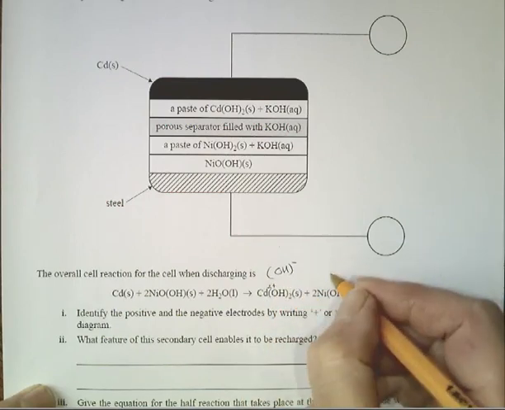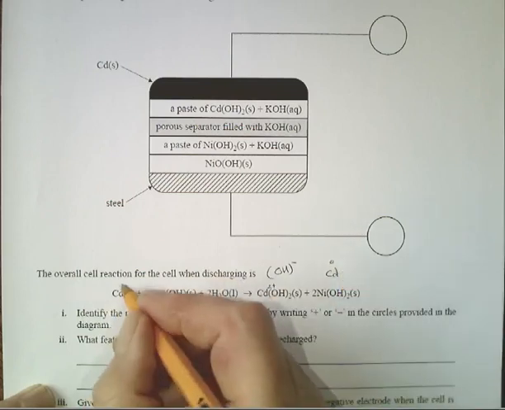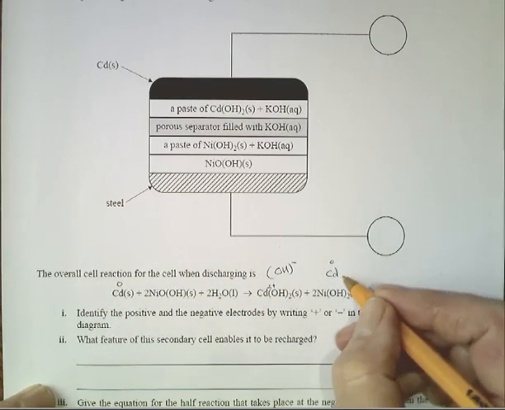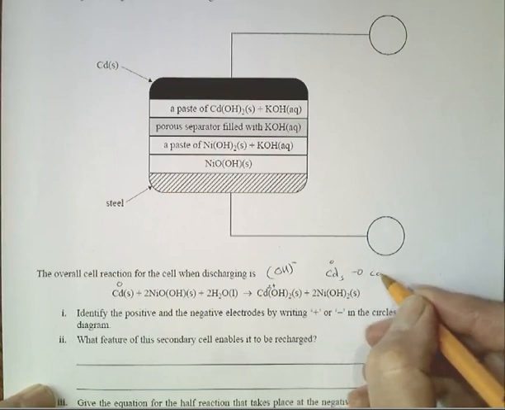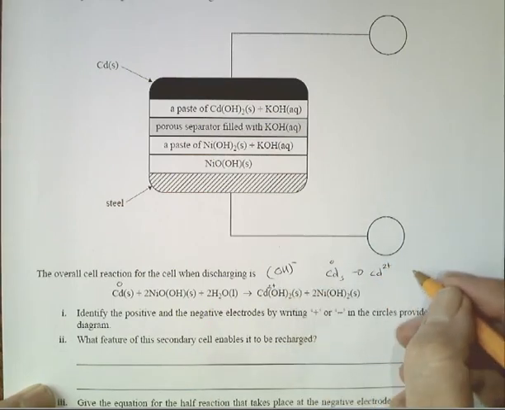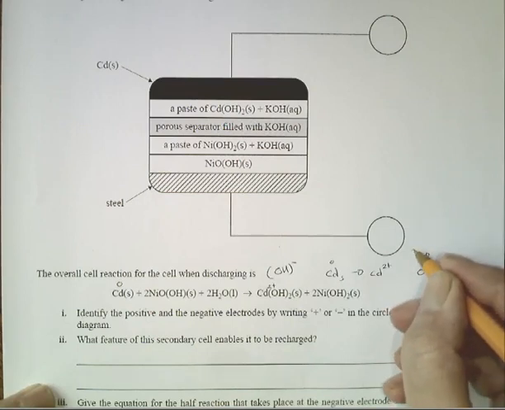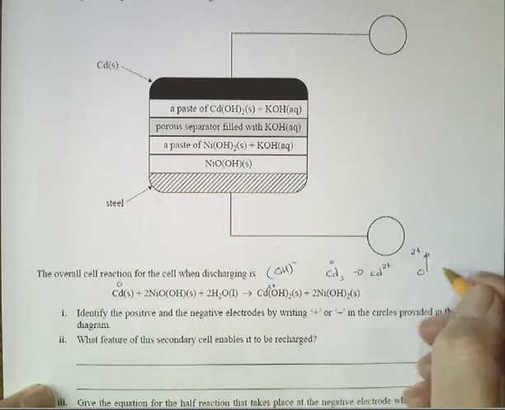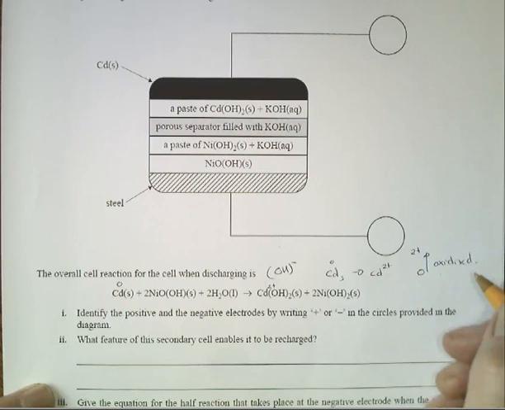So the cadmium has gone from an oxidation number of 0 to Cd2+. If you had to work it out from here, you can see that the cadmium has oxidized because it's gone from 0 up to 2+. It's become more positive, so it's oxidized. If it was becoming more negative, it would be reduced.